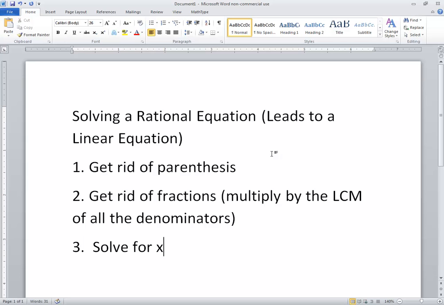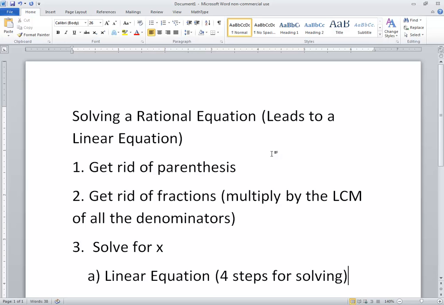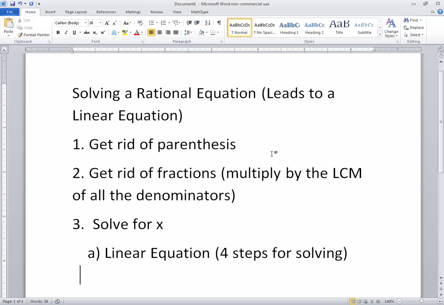Now at this point you solve for x. And there's two different types you'll have. You'll have either a linear equation, in which case you'll go through the 4 steps for solving, or you'll have a quadratic equation.